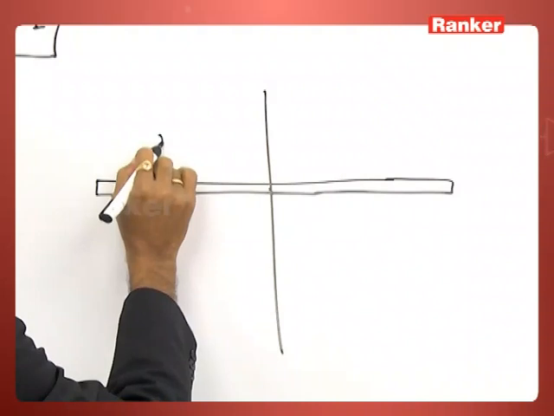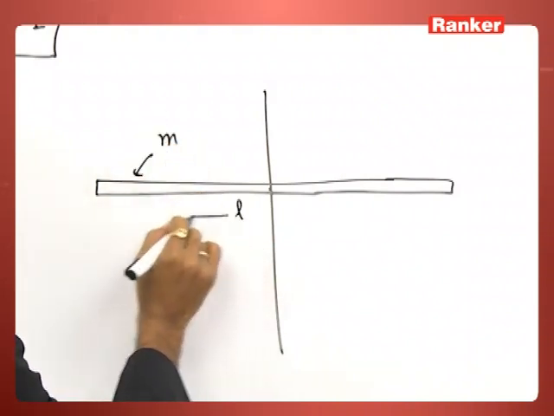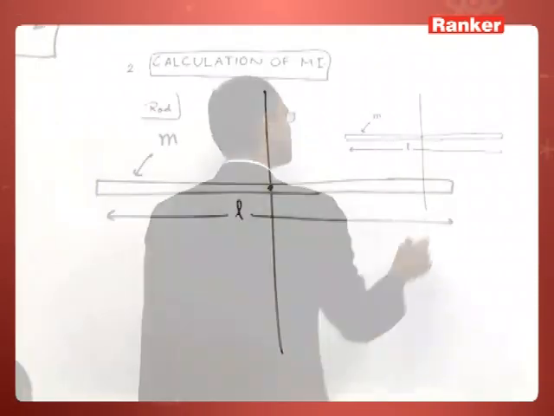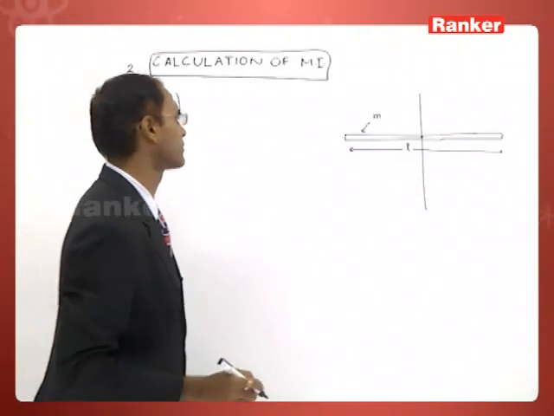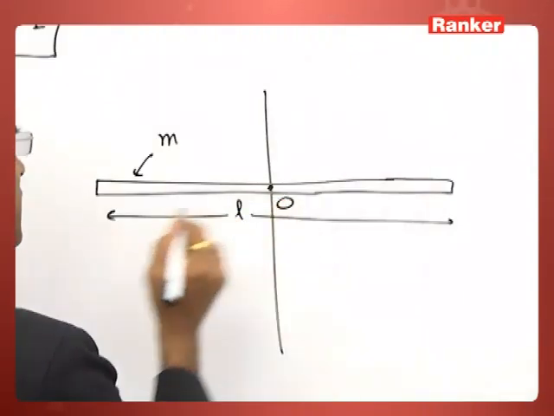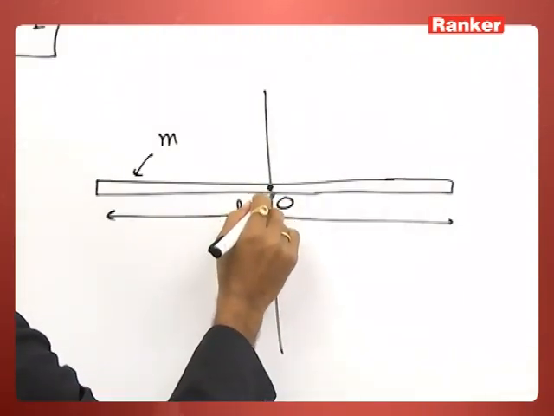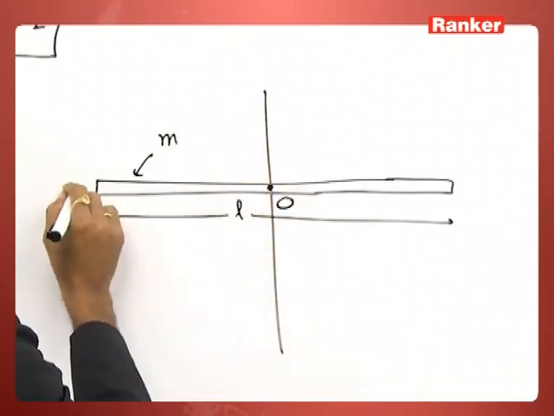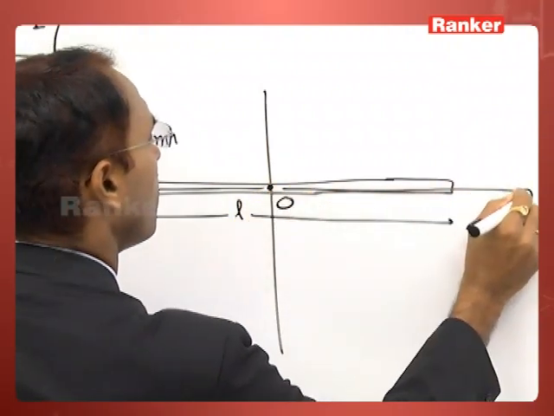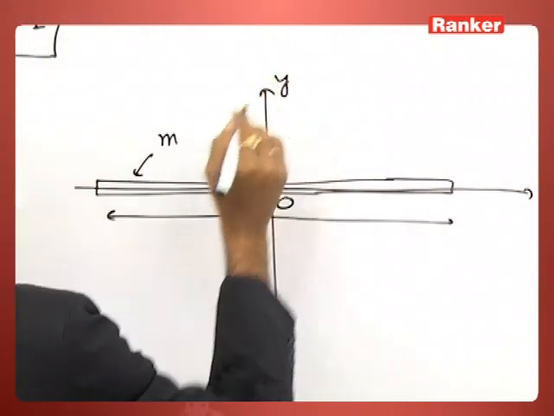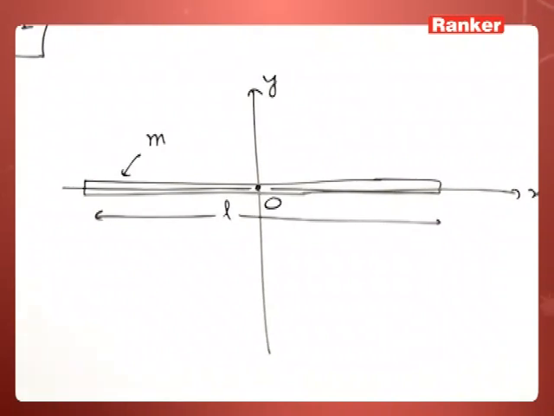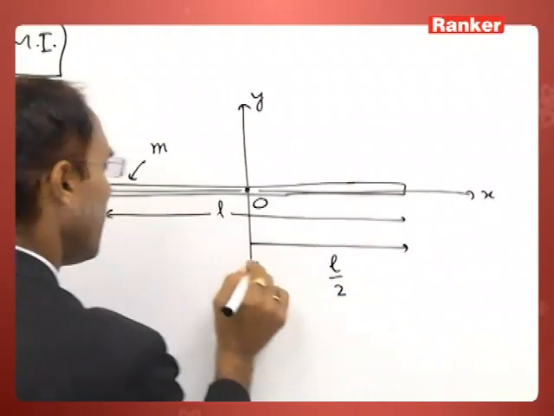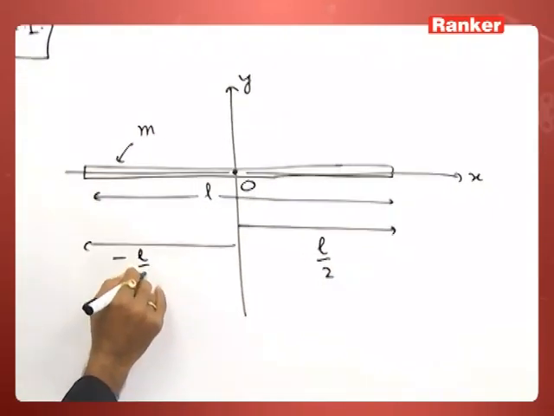Let us assume that the mass of the rod is m and its length is L. So, you take the axis which passes through the midpoint of the rod. You consider this as the center of the rod, or the origin of the coordinate system. This is the y-axis. With respect to this origin, this end is L by 2 and this is minus L by 2.